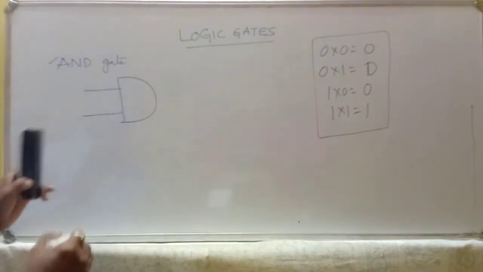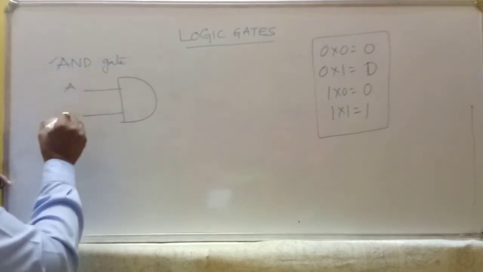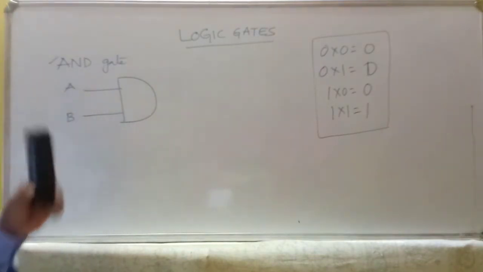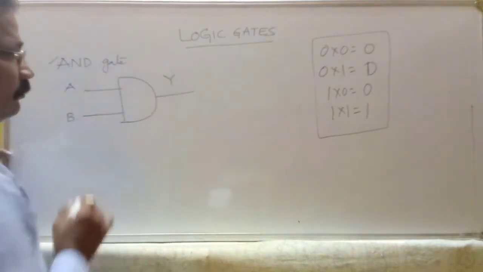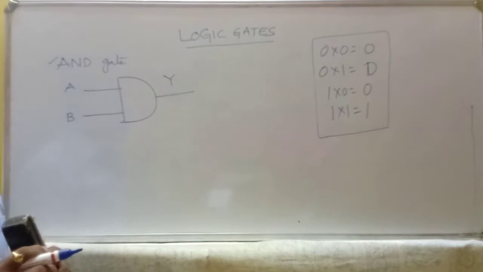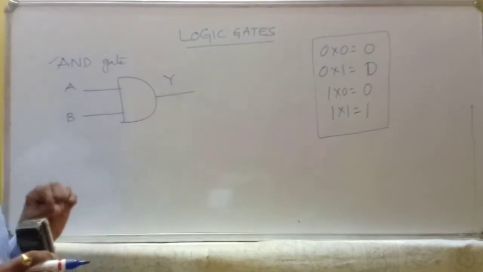Here, let me take the two inputs A, B, and one output Y. Now what happens in this operation?